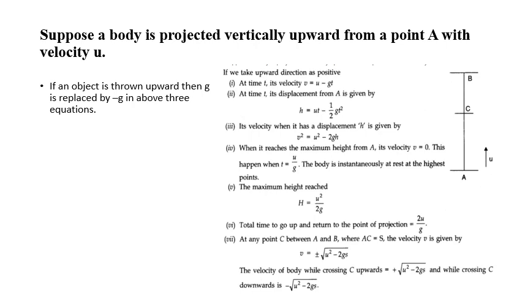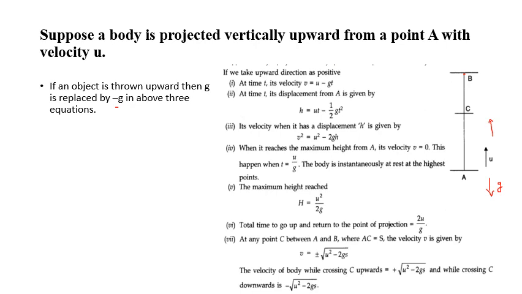Now let's see a body projected vertically upward from a point A with velocity u. We are going to throw an object from point A to point B, in the upward direction. Then what will be the gravitational acceleration? Here it will be negative, because we are throwing the object opposite to the direction of gravity, which is towards the earth.